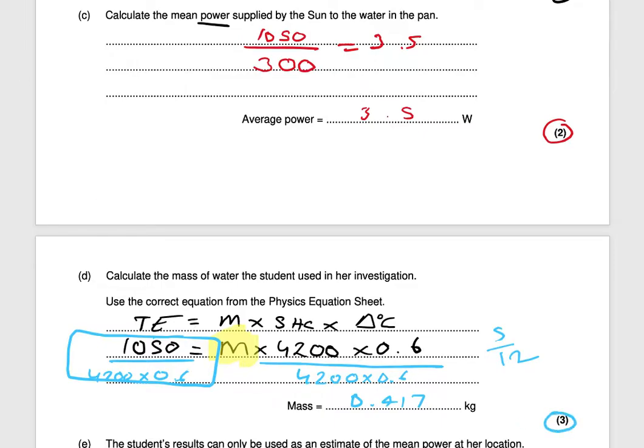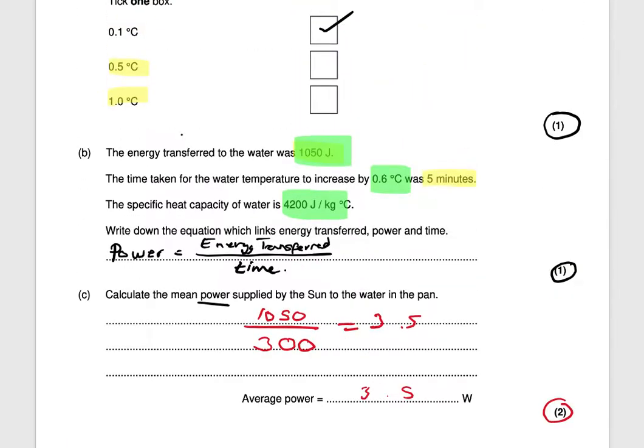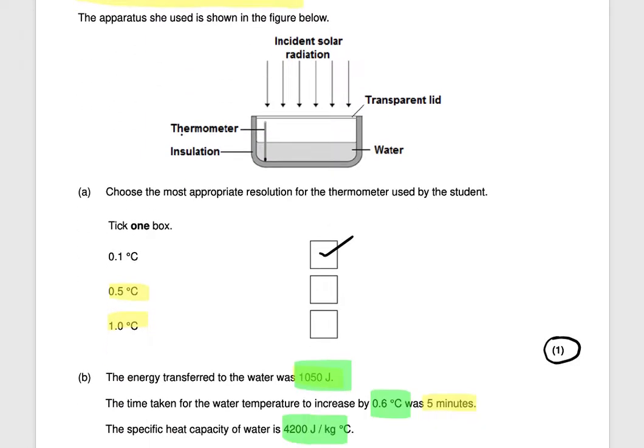Okay, next question. The student's results can only be used as an estimate of the mean power at her location. Give one reason why. So if we link back to the question, why can it only be used as the mean? It's because the solar radiation could be different at different times. That's why we've worked out the mean power output.